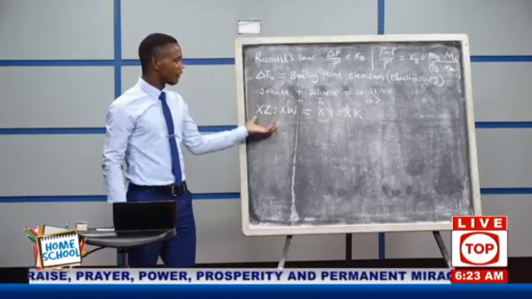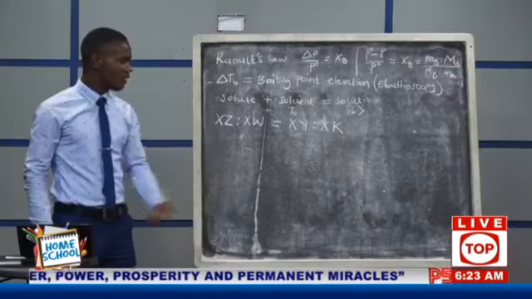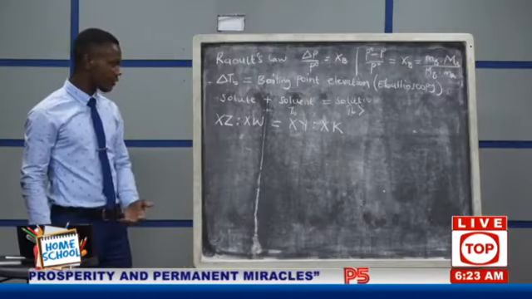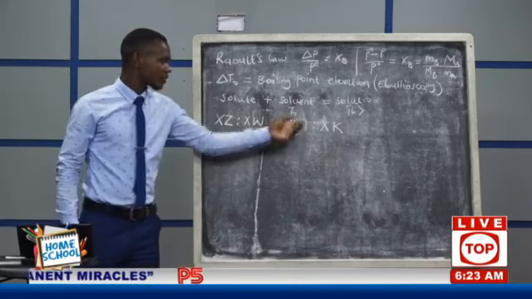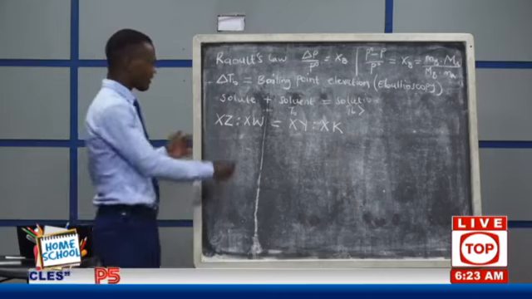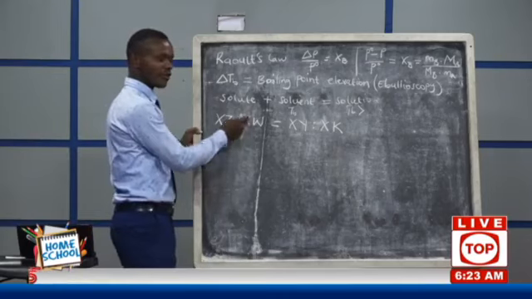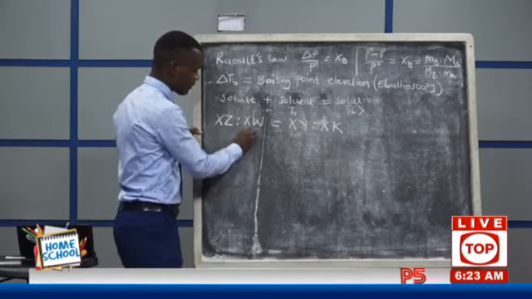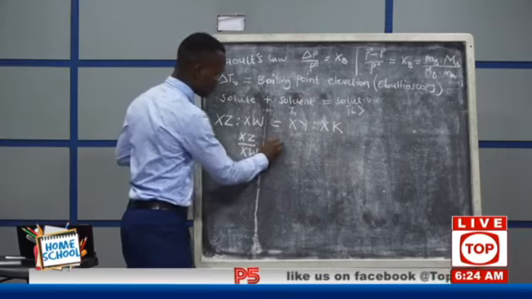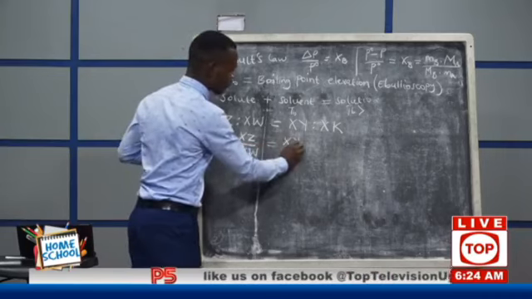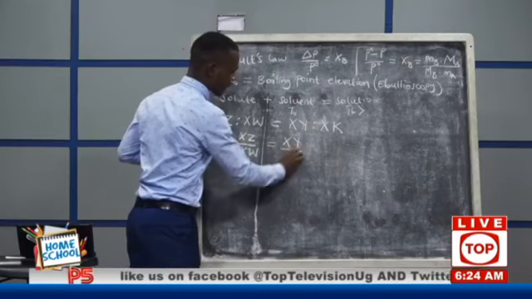Once you have this, we are saying that they look to be similar triangles. So the ratio here is almost equal to that ratio. So XZ over XW will be equal to XY over XK.